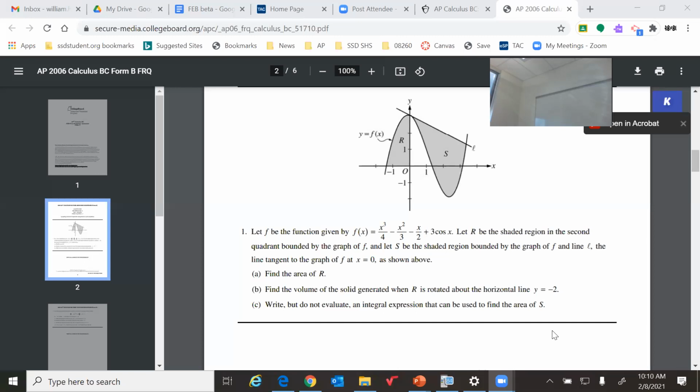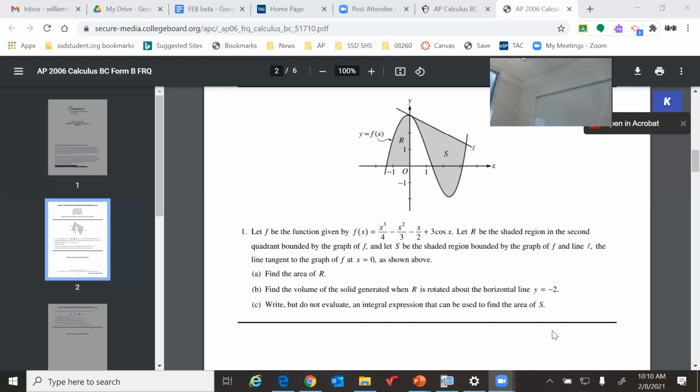And you're reflecting over this line, y equals -2. So it's coming down here like that. And you have this gap in there. So the outside radius is the blue curve, take away the -2, which is +2. And the inside radius is 0 subtract the -2.